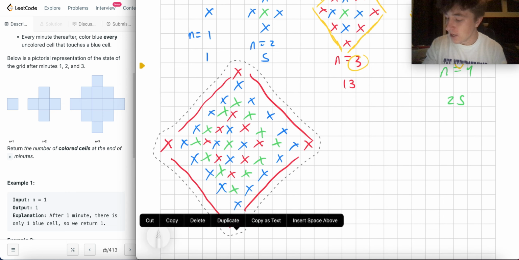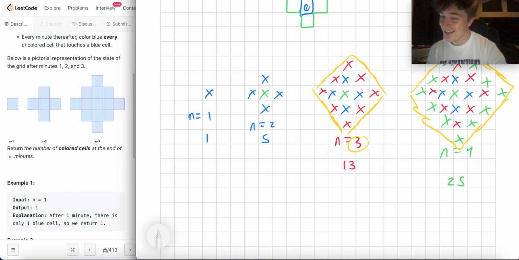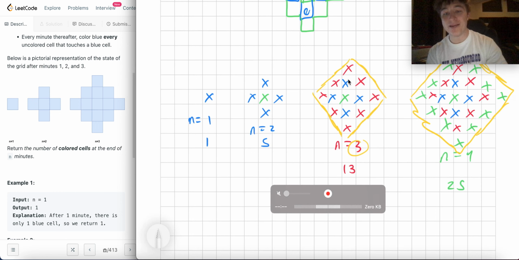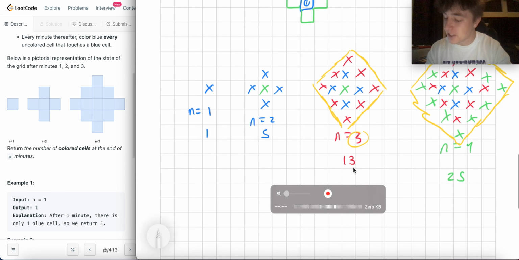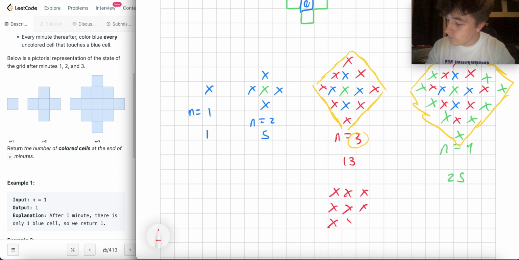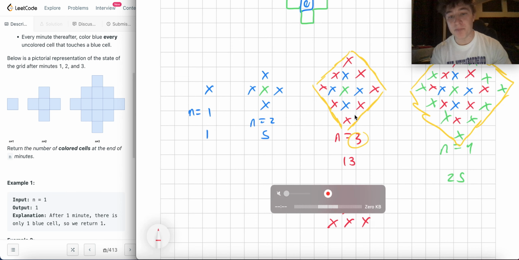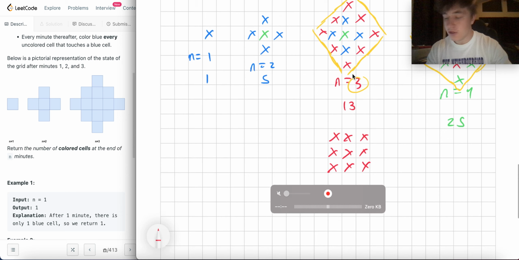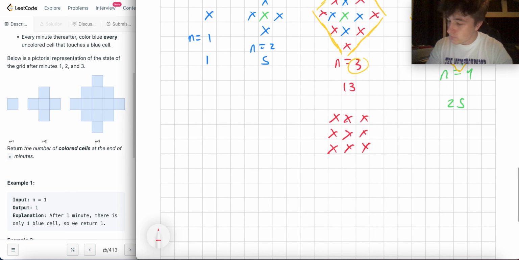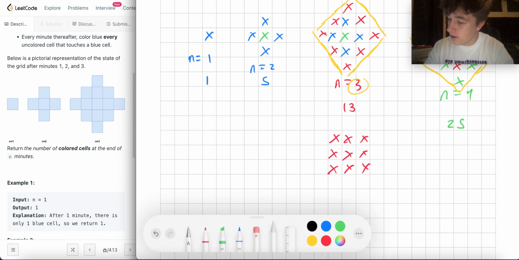Now, what we can do is, well, I'm saying this is like a 3 by 3 square, right? But it kind of is, but it kind of isn't, because a 3 by 3 square would be 9, but this is 13. Why? Well, because if we drew a 3 by 3 square, it's like this, right? But when we look at it in comparison to what's on top, you'll notice that this 3 by 3 square is different.